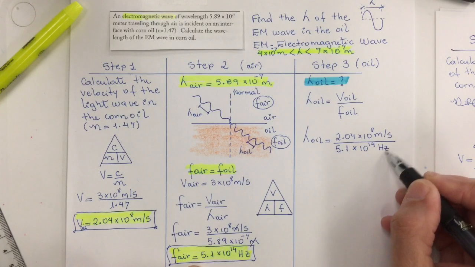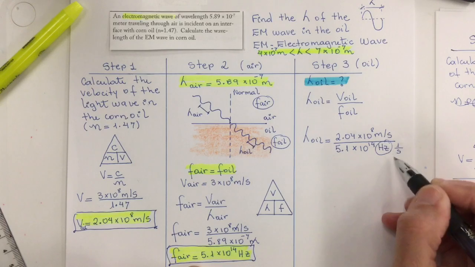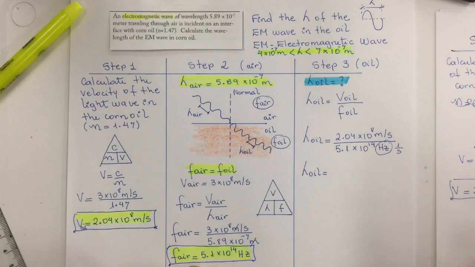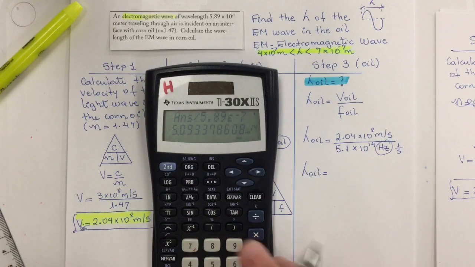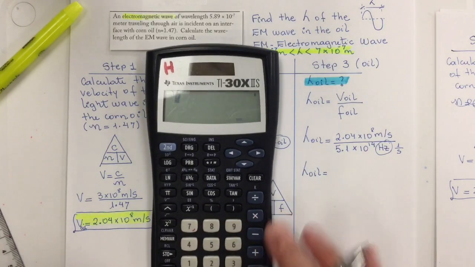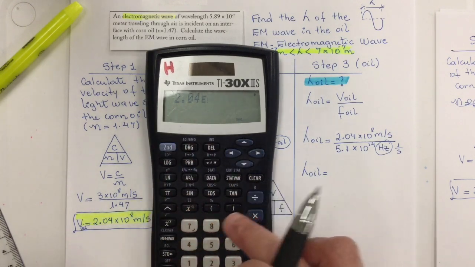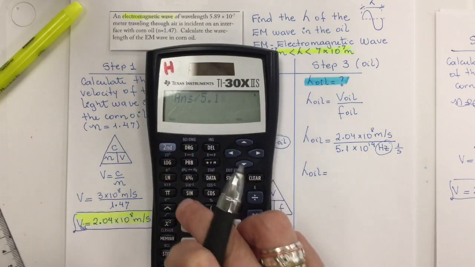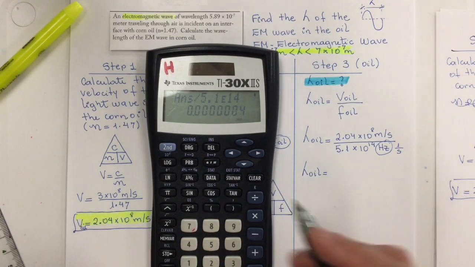So we cancel the second units, and the answer should be in meter. Using my calculator, 2.04 EE 8 divided by 5.1 EE 14.